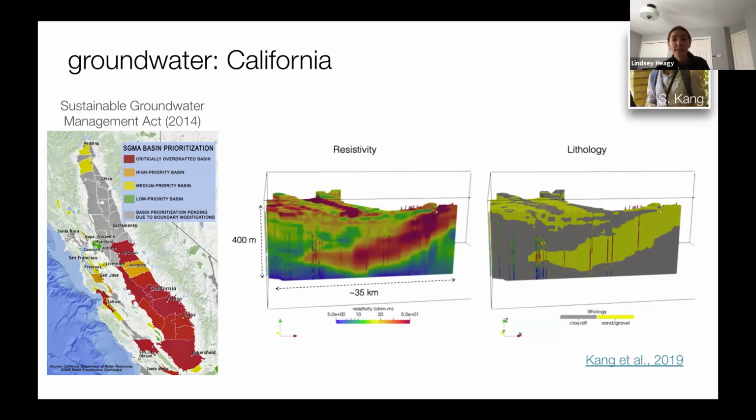And so in this case, he's been asking questions and examining, can we actually draw conclusions from inversion about connectivity between aquifers? So if we've got an upper aquifer and perhaps a deeper aquifer, how you manage those changes if they are connected versus not. And so he's been looking at inversion work, different regularizations, as well as different geostatistical techniques to go from resistivity to lithologies.